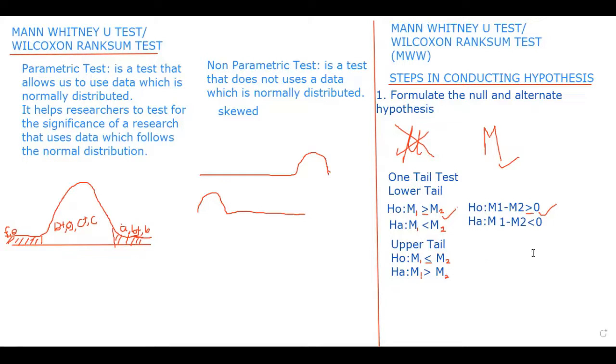You bring all the M's to the left-hand side, and the right-hand side will be 0. So H0 is such that M1 minus M2 is less than or equal to 0.